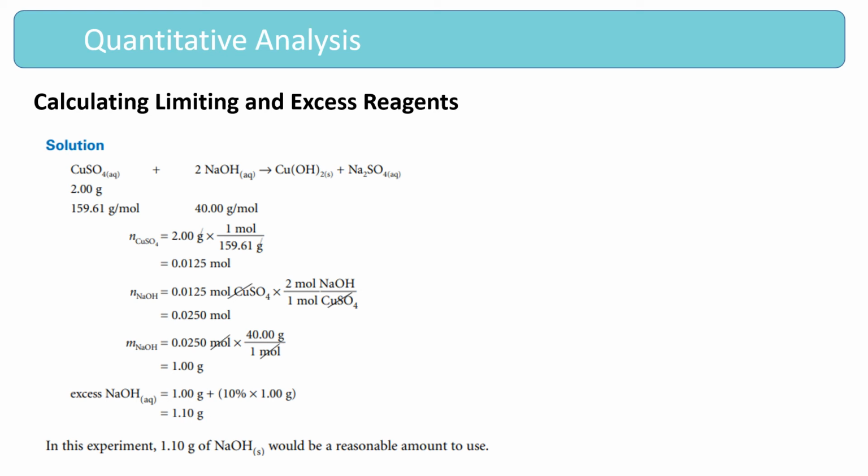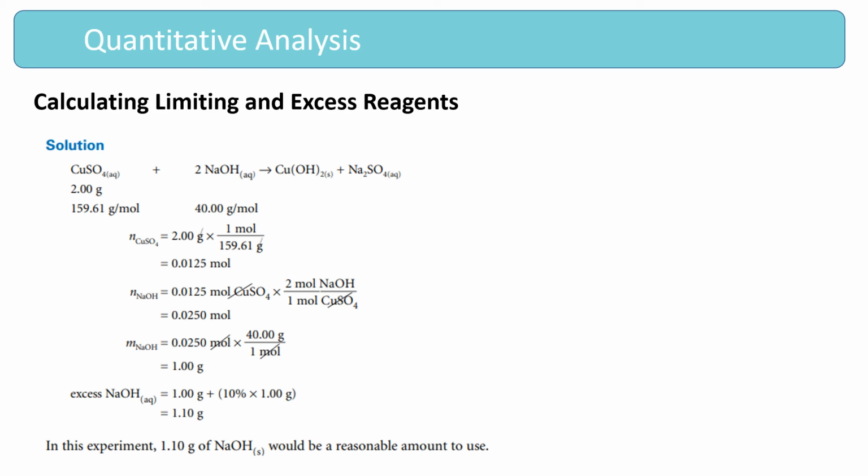So n, which is the amount, is 2.0 grams times 1 mole over 159.61 grams, and we get 0.0125 mole. Then we do the same process for NaOH, and we get 0.0250 mole.